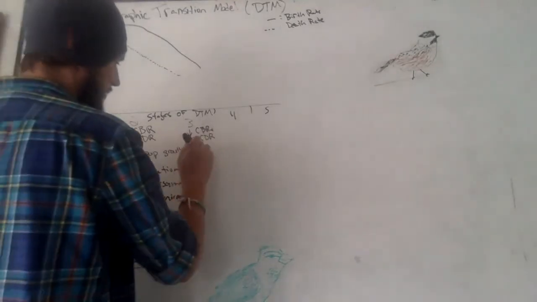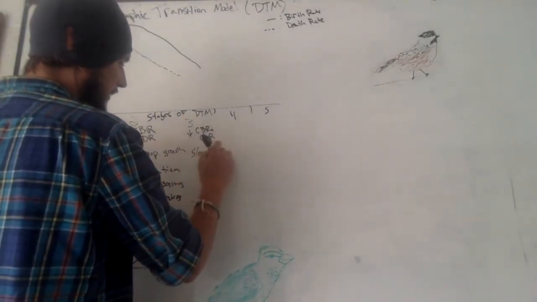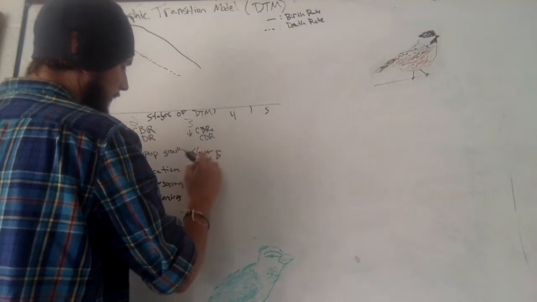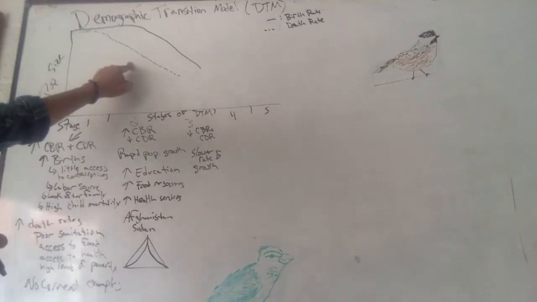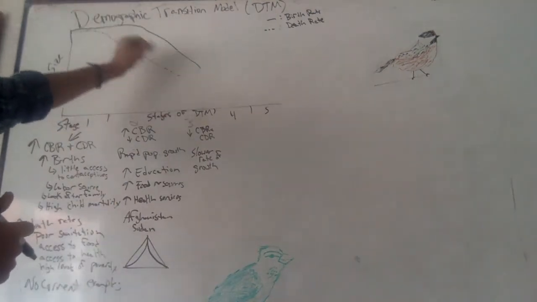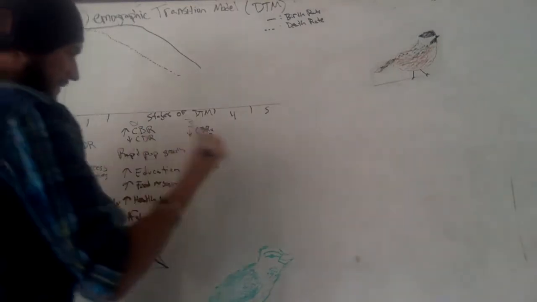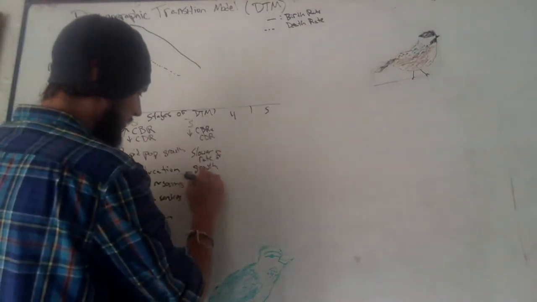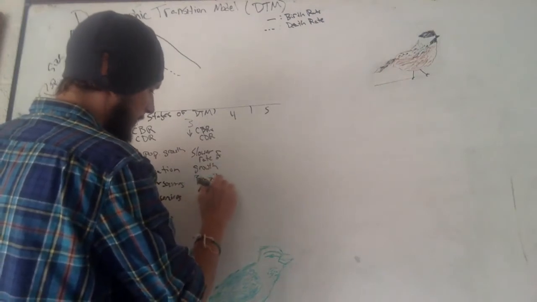So this would lead to a slower rate of growth, as you might expect. We're having fewer babies. And although fewer people are dying, since that birth rate is going down, the overall growth rate is also slowing. So this is happening in places like Brazil, Argentina, etc.